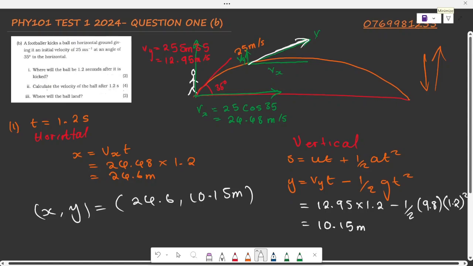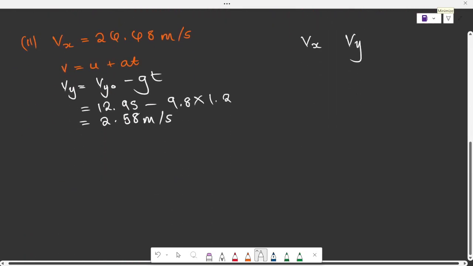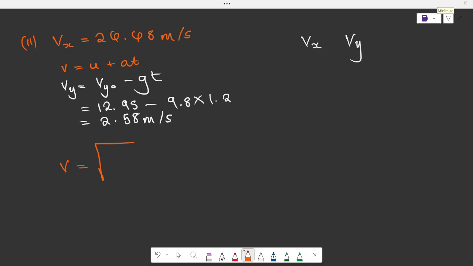So now let us find what this v actually is. To find it, we are going to say v is equal to the square root of vx squared plus vy squared.